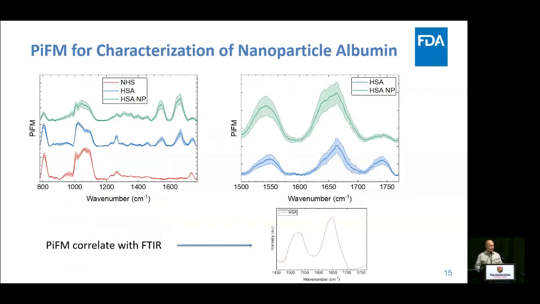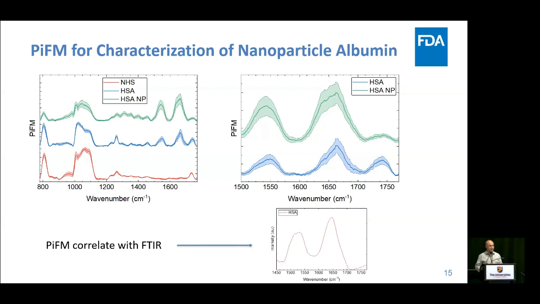In the panel on the left, the red spectrum is from just the background, the substrate with the NHS, and we see some glass-related peaks and perhaps a carboxyl functional group at 1730.